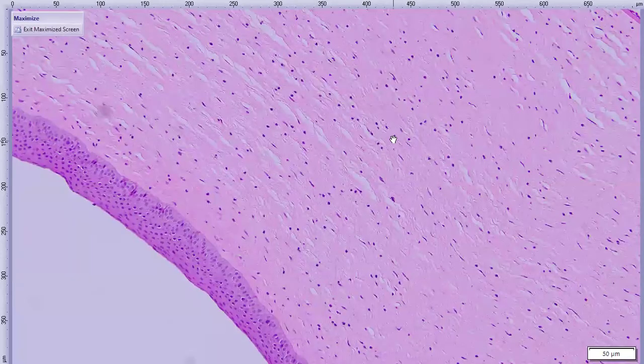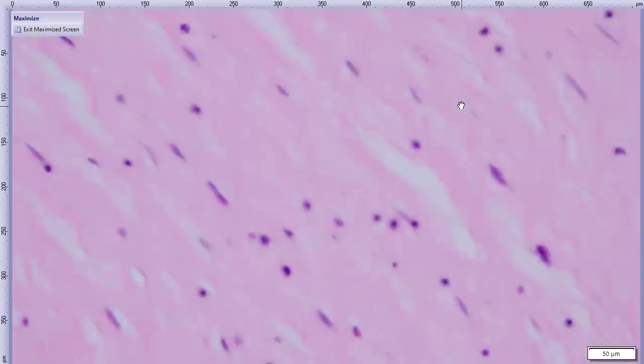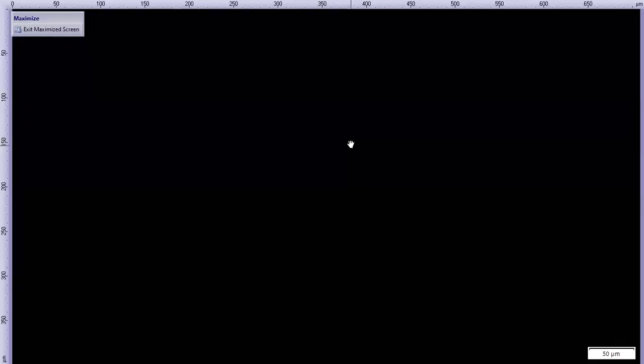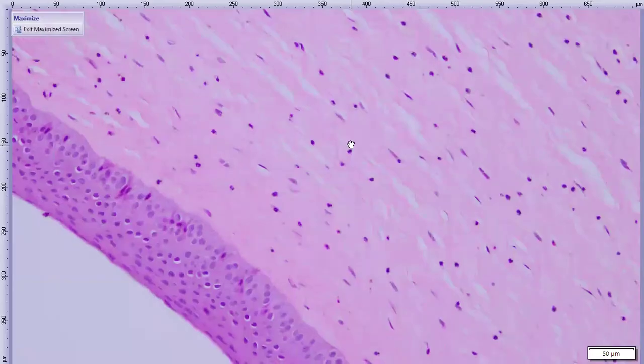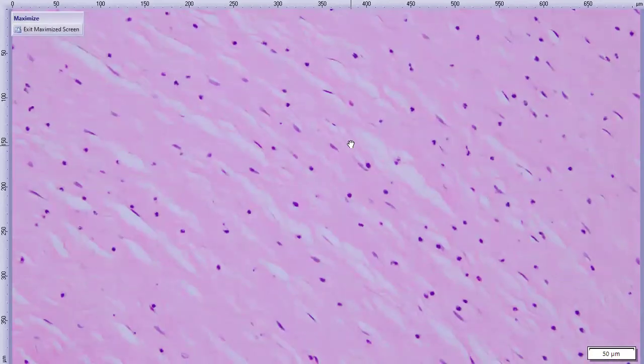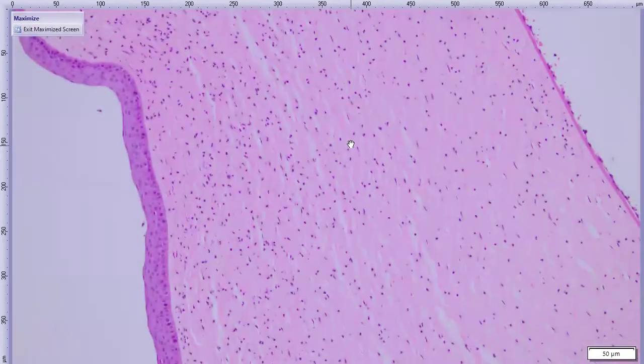We do have an increased number of inflammatory cells in the corneal stroma, which are neutrophils, I believe. Yeah, so all these little guys are neutrophils. And these spindle-shaped cells are probably the keratocytes, which are the native stromal cells of the corneal stroma that are getting a little bit hypertrophic. They're getting a little bit active because something has gone awry in this cornea.